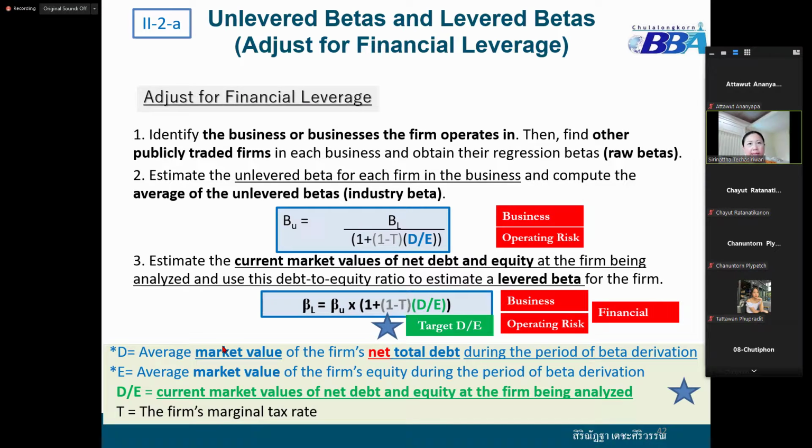But in the case that the company's business model may change in the future, or, in this case, the financial leverage, which is the financial risk, if you expect the company's capital structure to change in the future, a structural change in the capital structure, you may want to re-estimate the beta based on the historical beta of the same company, but with a different capital structure, with a different debt level.